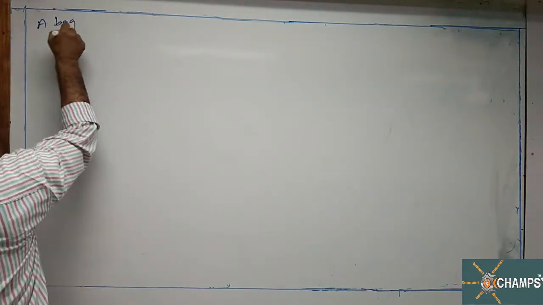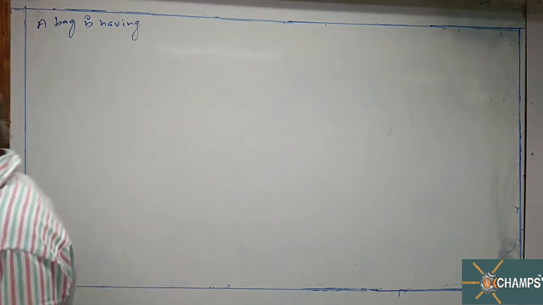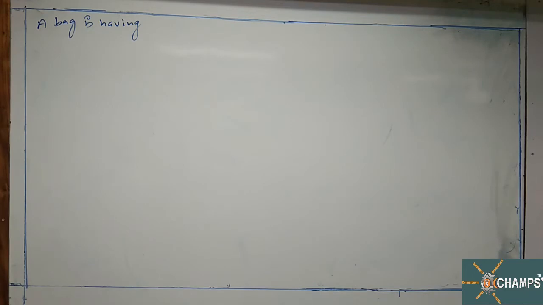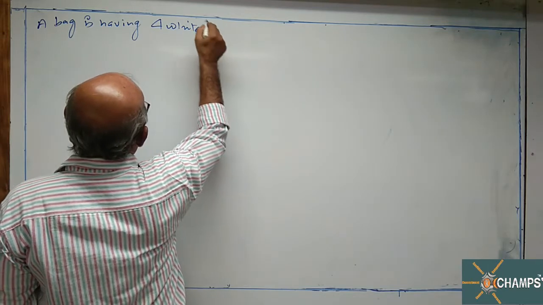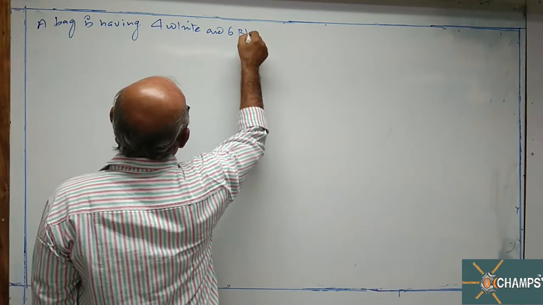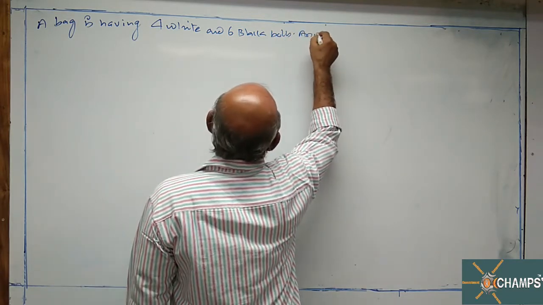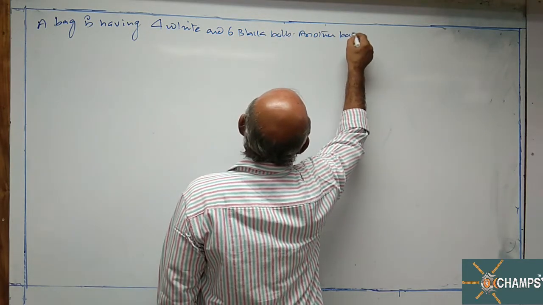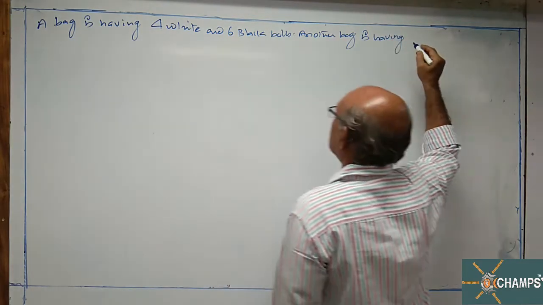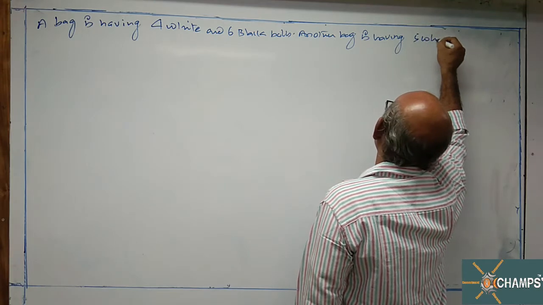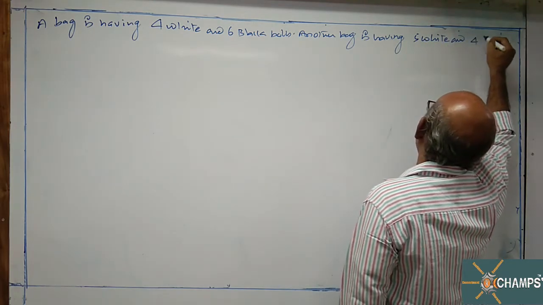A bag is having 4 white and 6 black balls. Another bag is having 5 white and 4 black balls.